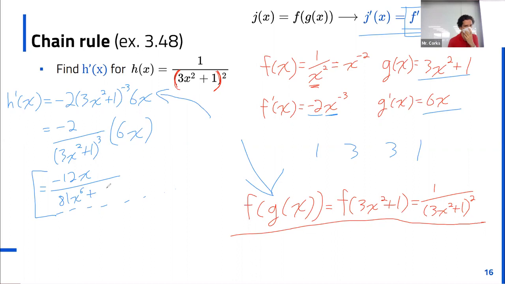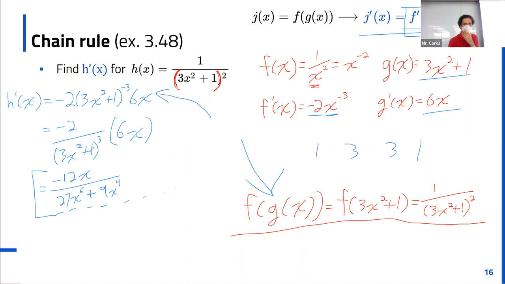It's a little hard to do this all in your head without writing anything down. We'd have squared. Sorry. Is this one right? I feel like this would be 27, right? Okay. 27. Then we would have 9x to the exponent 4.